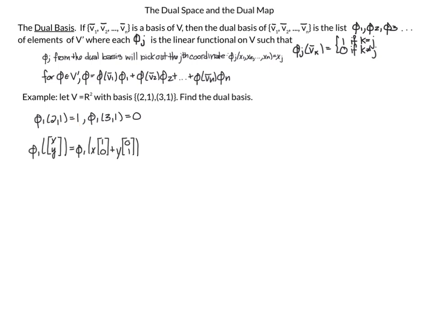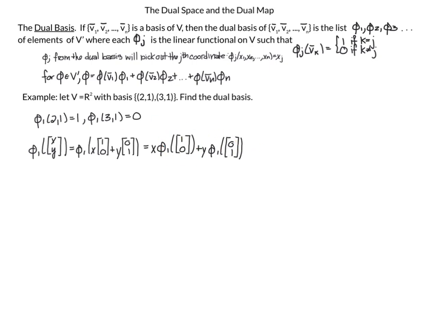If we want to evaluate phi1 at some arbitrary vector in R2, (x, y), then we're going to have phi1 of x times the basis vector (1, 0) plus y times the basis vector (0, 1). Since our linear functional is linear, we can rewrite this as our scalar x times phi1 of (1, 0) plus y times phi1 of (0, 1). This was an easy decomposition, but we don't have our basis in terms of (1, 0), (0, 1).